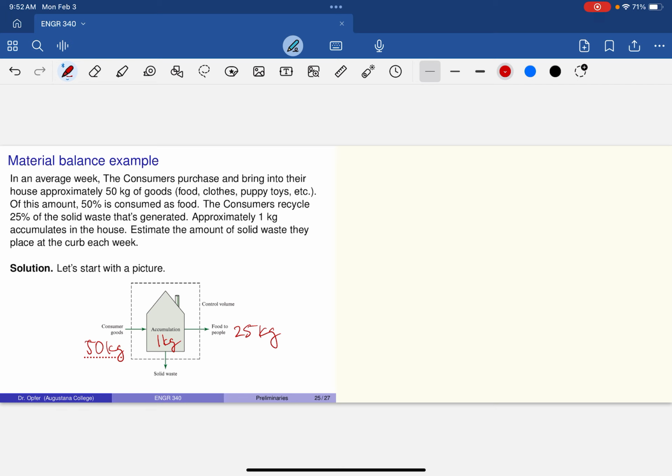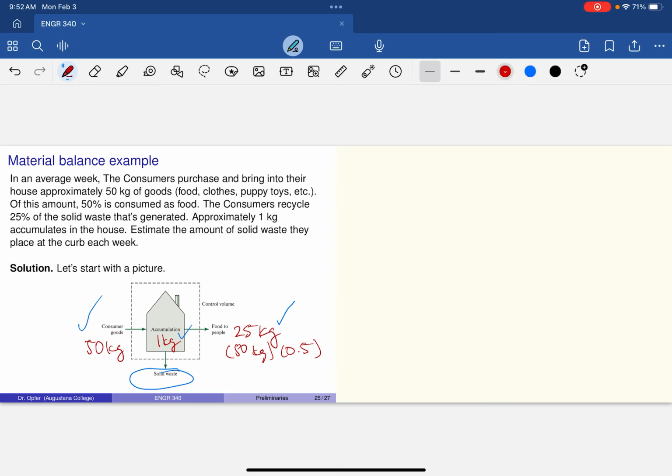That's 50 kilograms times 0.5. That's how I got that number. And then everything else is leaving as solid waste. So here's our unknown. We're told this in the problem, we're told this in the problem. We pretty easily solved for this given what was given to us in the problem. And so this is what we have to solve for.